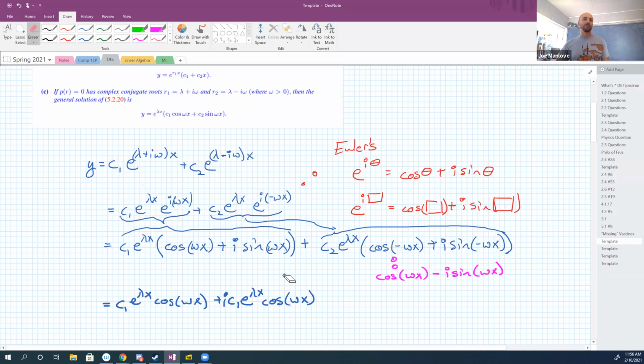Nope, not cosine. That one's supposed to be sine. So I did that distribution, and then in my second half here, I'm going to have a c2 e to the lambda x cosine of omega x, and I have a minus i c2 e to the lambda x sine of omega x. You guys with me?